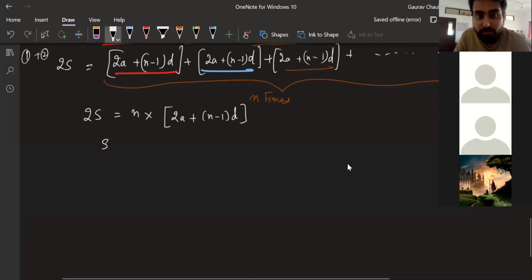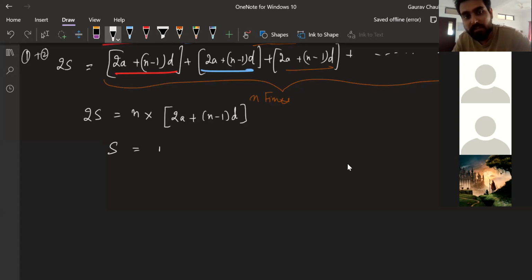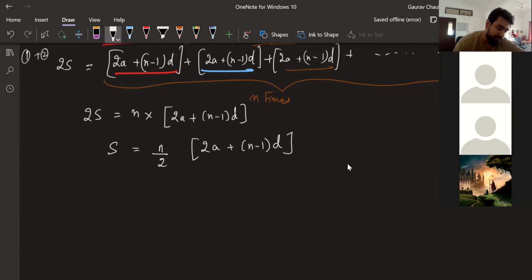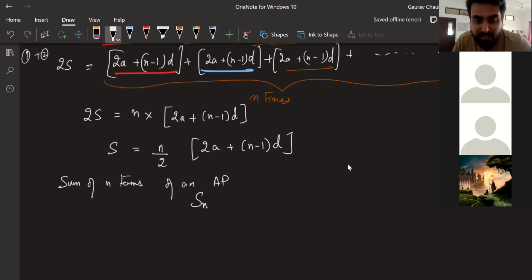So that means S is equal to, I have to find S, I don't have to find 2S. So S is equal to n by 2 into 2a plus n minus 1 into d. This is the formula for sum of n terms of an AP. So the way of writing it is sum of n terms of an AP, we will write it as S subscript n.